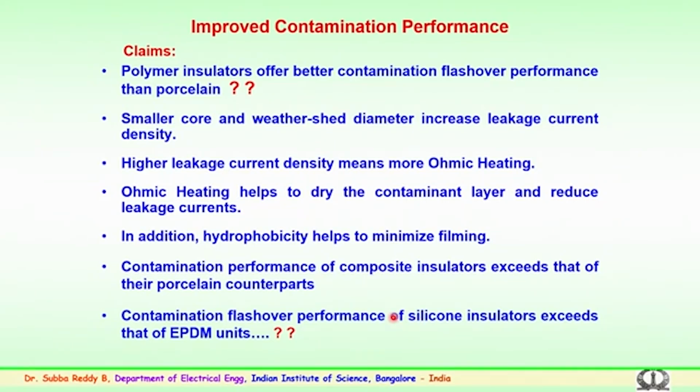So, the contamination performance of a composite or polymer or silicon rubber insulator exceeds that of their porcelain or glass counterparts which have been used for a long period of time. This is an important point to be noted. The next is the contamination flashover performance, whether it exceeds that of the EPDM units. Again, it depends upon the number of years the insulator is in service, in comparison to the ethylene propylene monomer type of units, which were the earlier version of the silicon rubber insulators presently being used.